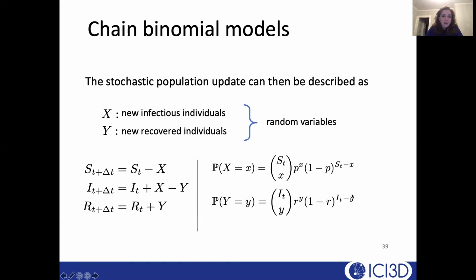So we have these same binomial expressions, but instead of using the probability of getting infected, we're going to use the probability of recovery to see the probability of getting Y new recovered individuals in the next time step. And then we'll use those values that are drawn from this distribution to generate the values of our system at the next time step after delta t amount of time has passed.